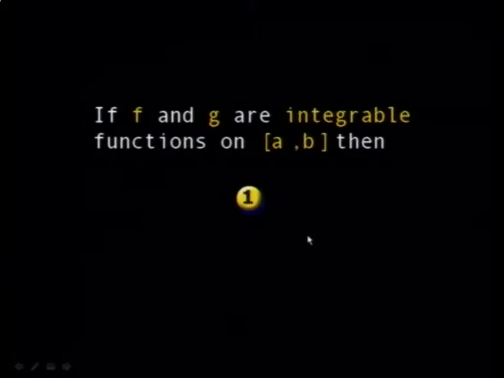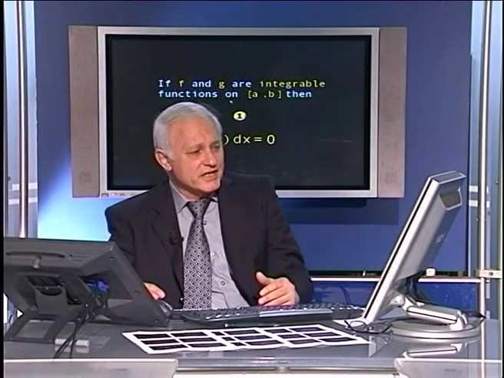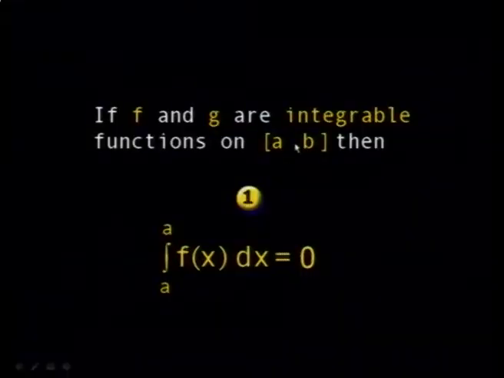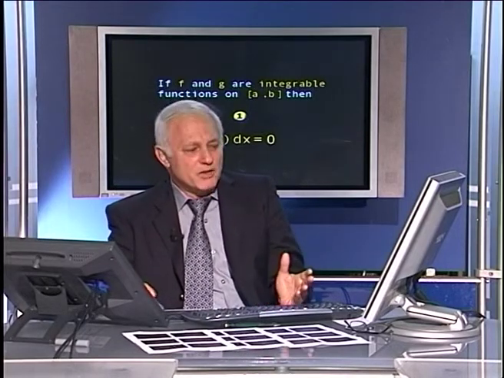Straightforward. So here is a list of some theorems concerning sums or differences, when you have two functions f and g, both integrable on the closed interval a, b. First of all, when you integrate from a to a, of course here your Riemann sum is 0, because there are no partitions. It's the same point, and therefore you expect that your integral from a to a must be equal to 0.